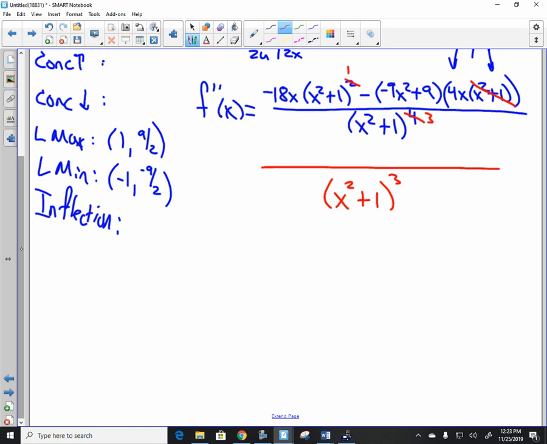Okay, so what do I have left in the numerator? That's a lot. -18x cubed minus 18x plus 9x squared. I got to multiply it by the 4x, right?